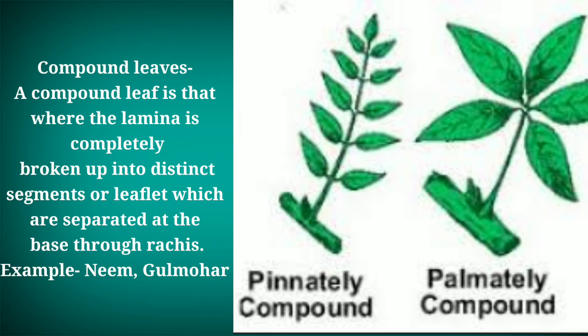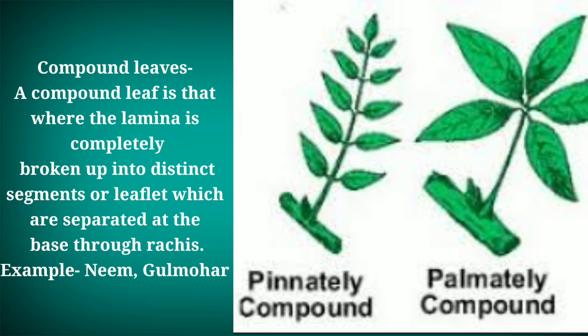And the other type of the compound leaf, that is the palmately compound leaf, the entire leaflets are attached to a common point, that is at the tip of the petiole. So there the leaflets appear to be in a foliated form, and it takes a circular or semicircular pattern, as all the leaves are attached to a single point.